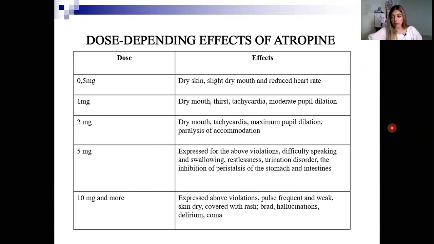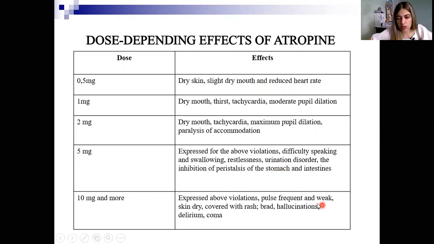Well, talking about this atropine again, the therapeutic effects and toxicity depend on dose. How much atropine do you use? If we have the dose of 0.5 milligrams only, we have slightly dry skin, slight dry mouth, and reduced heart rate. By increasing the dose, we have more and more effects on other organs, not only the skin and mouth.